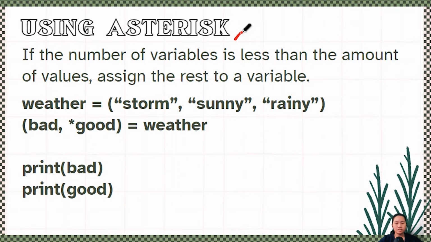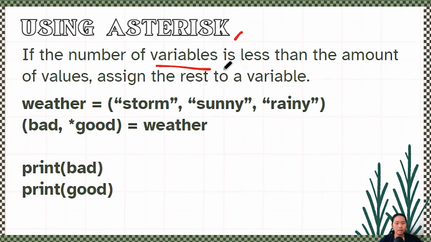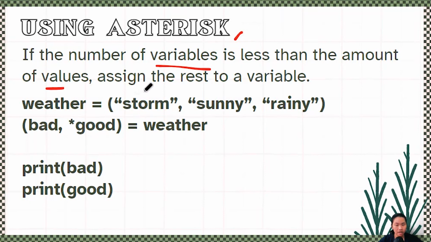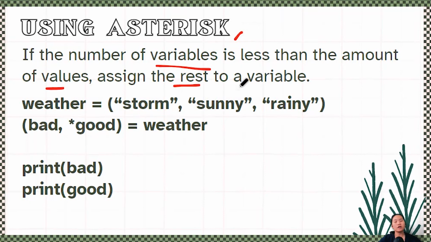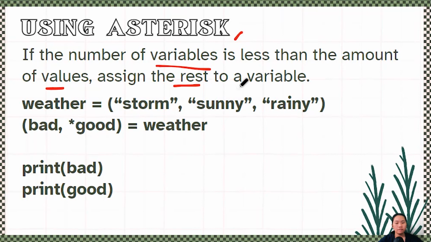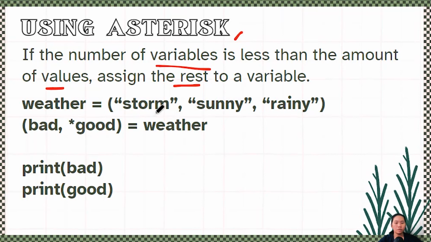Next up, using the asterisk. If the number of variables is less than the number of values, assign the rest to a variable. This is what happens when you have more values than variables. For example, 1, 2, 3, but you only have 2 variables.